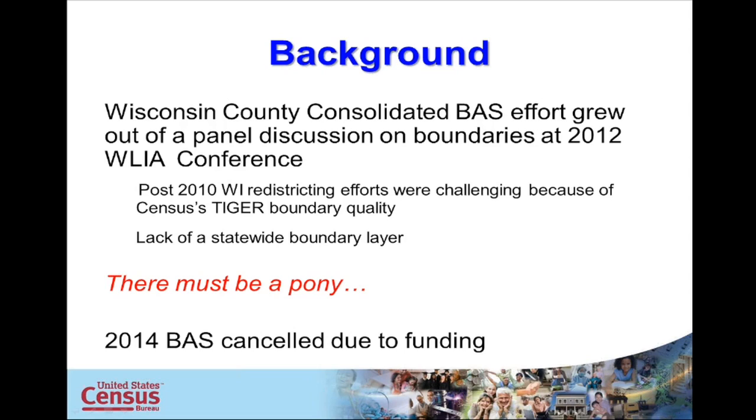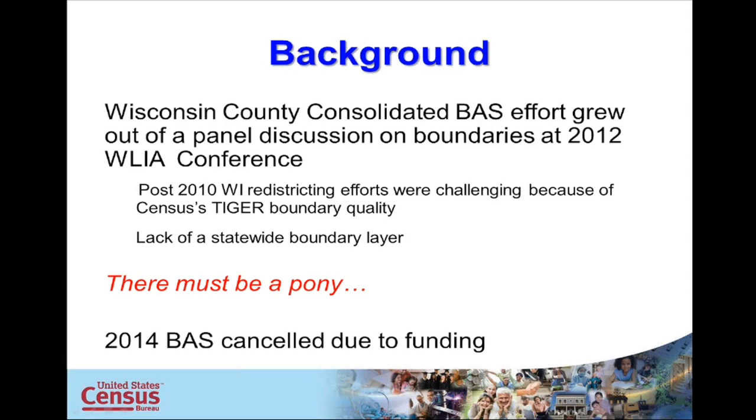Part of the reason for that panel discussion was that the post-2010 census redistricting efforts in the state of Wisconsin proved to be challenging because, if I understand it correctly, the state dictated that the census data, as usual, had to be used for the redistricting efforts, but in addition to that, entities also needed to use the census boundaries. It's probably safe to say that TIGER boundaries did not align well with local boundaries, and that made the redistricting effort challenging. There was, and also is, a lack of a statewide boundary layer.